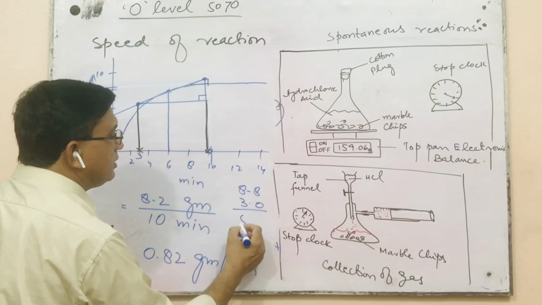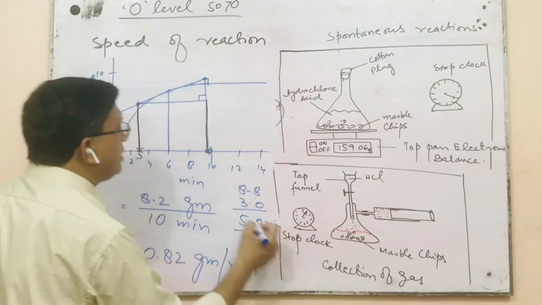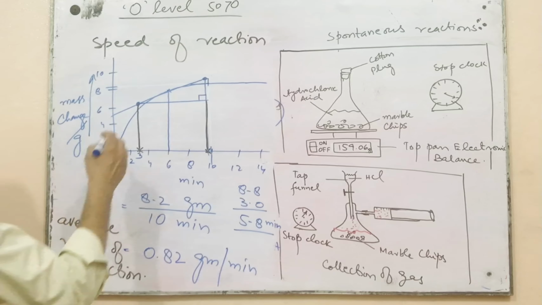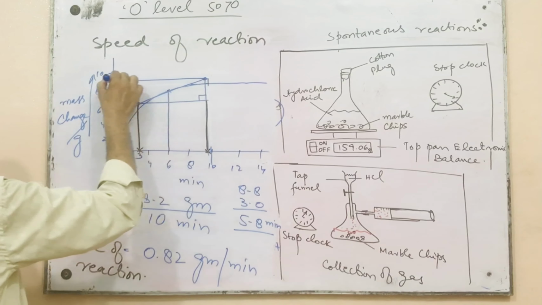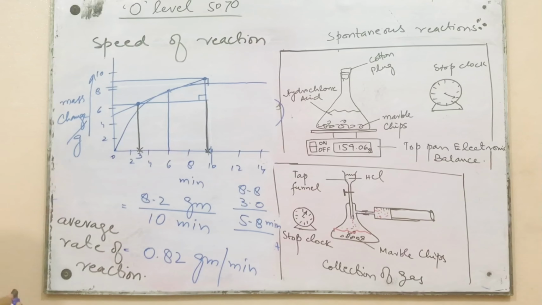What will be the answer? 5.8. This will be the total minutes taken for this right angle triangle. Now, if we want to find out the total change in mass at this point, that will be these 2 points.